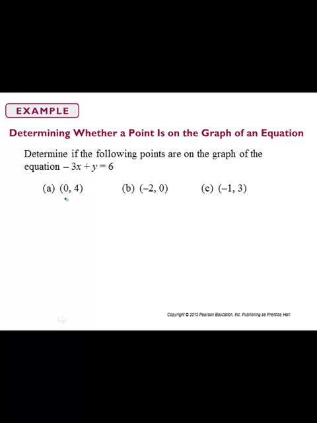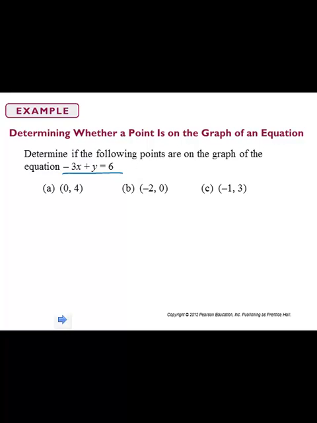What we really mean is, does that value for x and value for y satisfy the equation? So when we're talking about (0, 4), does this point satisfy the equation negative 3x plus y equals 6, which is the same thing as asking, is this point on the graph of this equation?